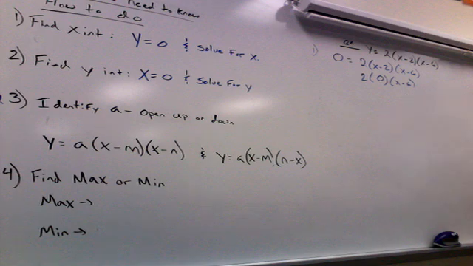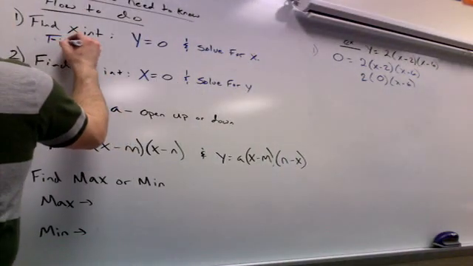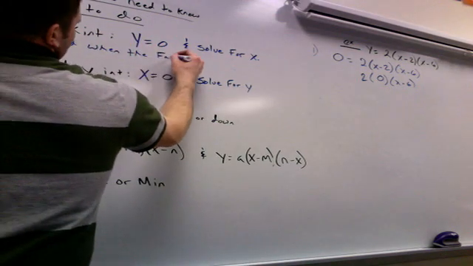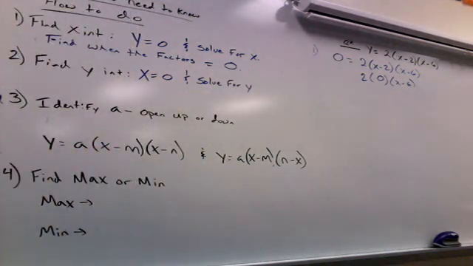Because anything times 0 is 0. So for our x-intercepts, what we need to do is find when the factors equal 0.